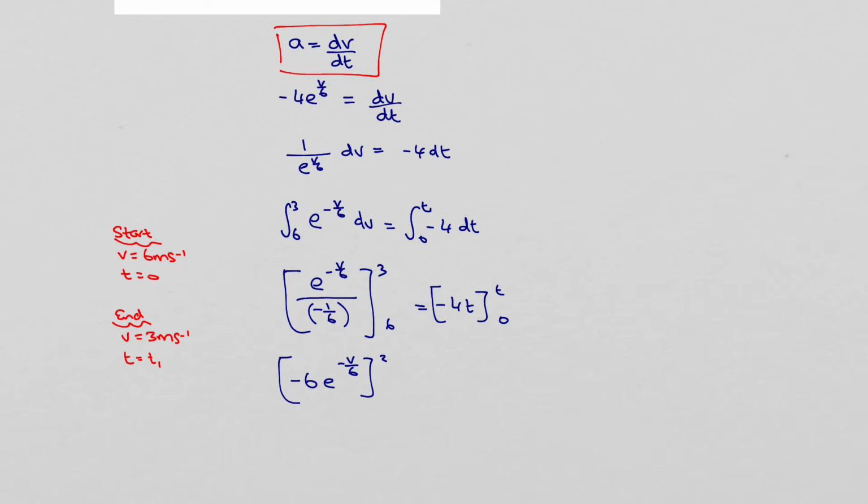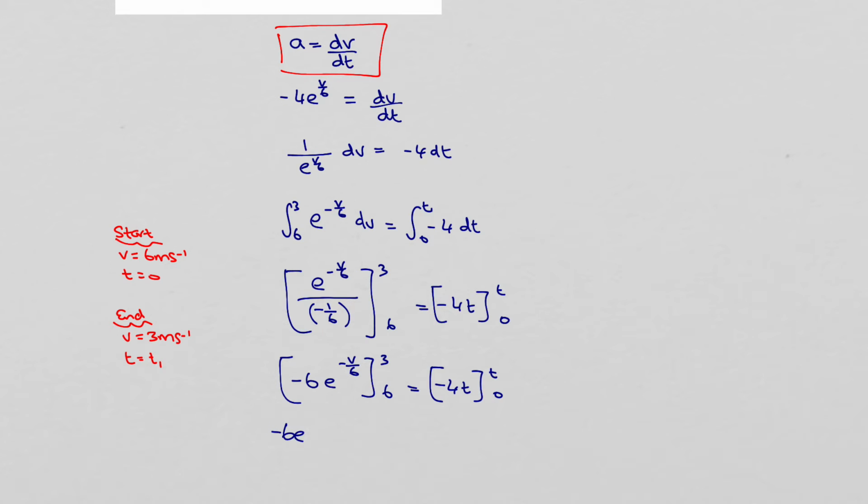Now it's a bit easier to sub in our limits. Upper limit minus lower limit is going to be minus 6e to the power of minus 3 over 6, so minus 3 over 6 is minus a half. Then minus 6e to the power of minus 6 over 6, which is just minus 1.